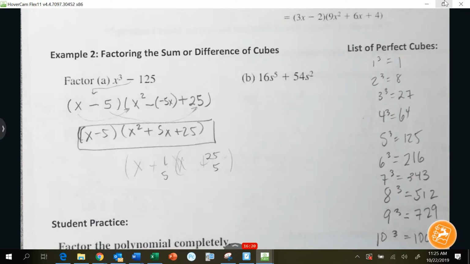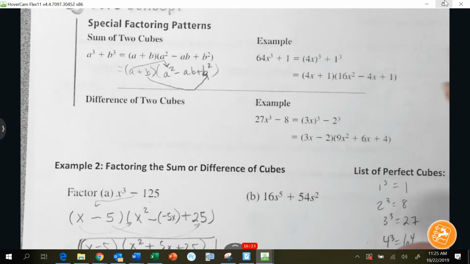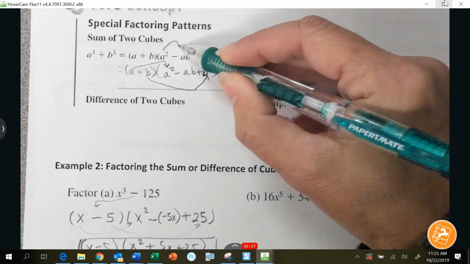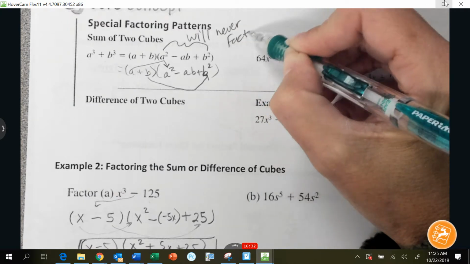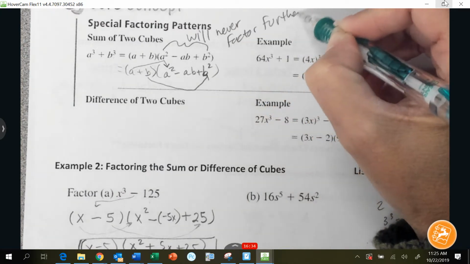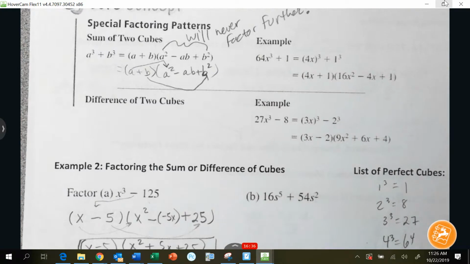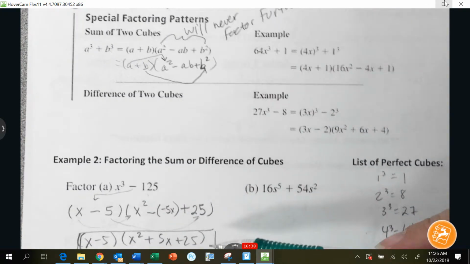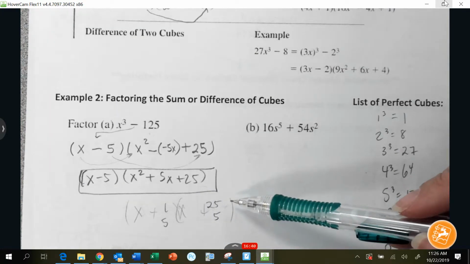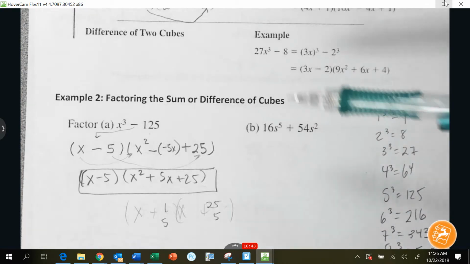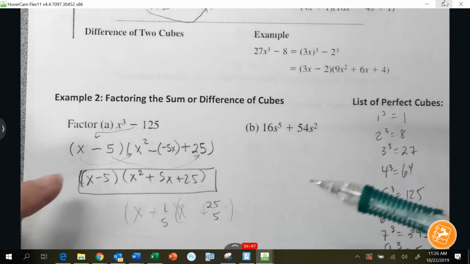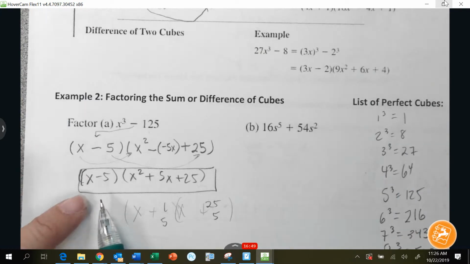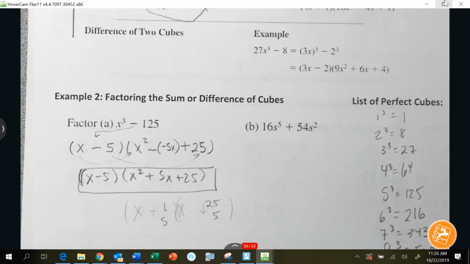Yeah, you're right. So here's a nice thing about cubes: this second one will never factor further. If you'd like to save yourself some time, I just had us think through it, but I was writing really lightly off to the side because I knew that it wasn't going to go. It will never factor further. The first one might. This one doesn't, but the first one might. The second one will not.